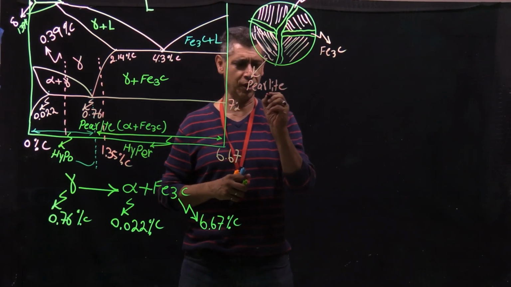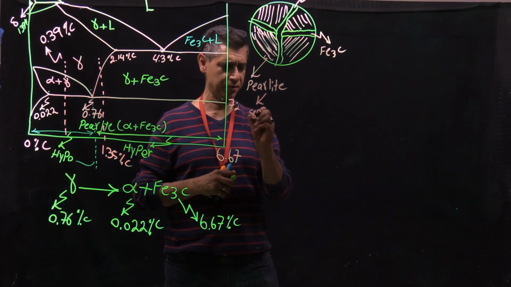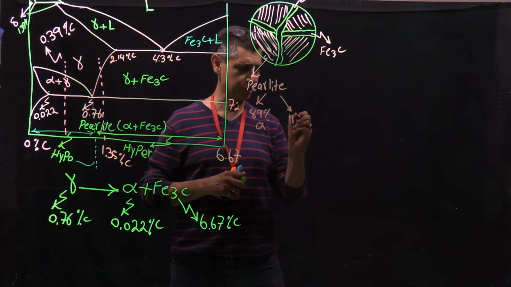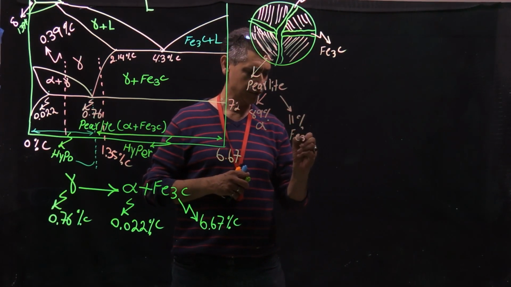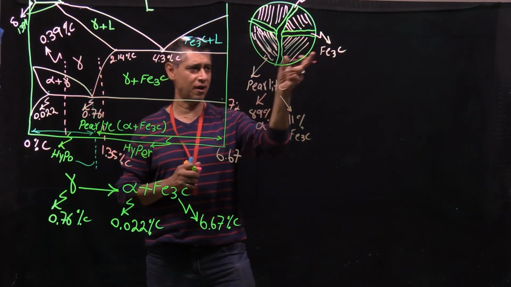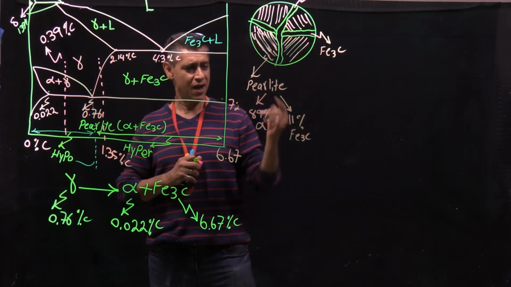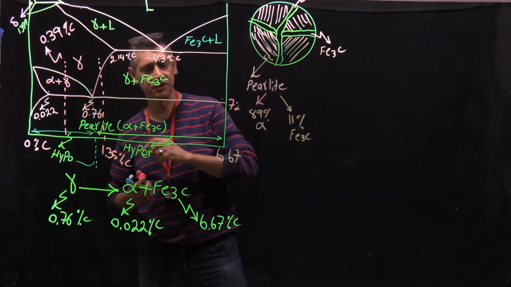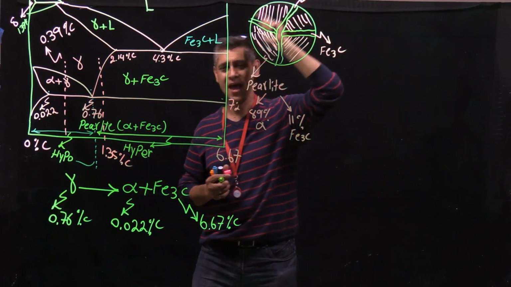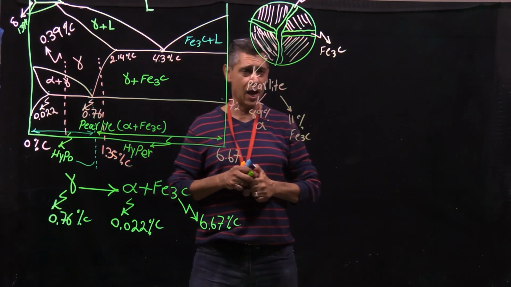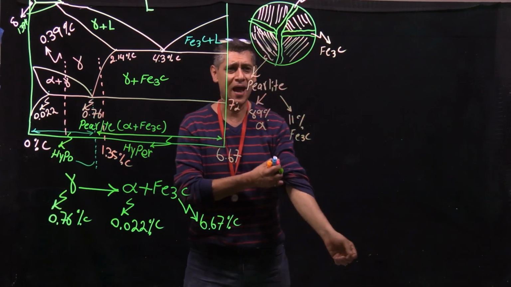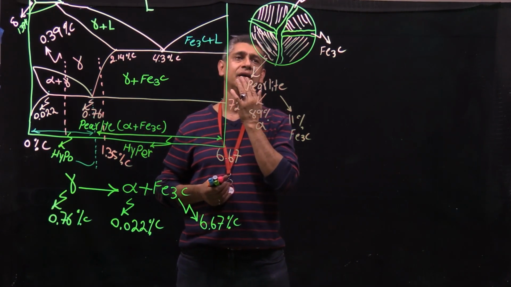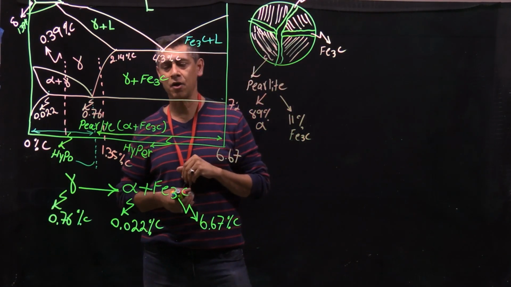By the way, the perlite, don't forget, is 89% ferrite, 11% cementite. So in this case, I have two kinds of cementite. I have primary cementite, I have eutectoid cementite, which is exactly the opposite of the other side. I have primary ferrite and eutectoid ferrite.